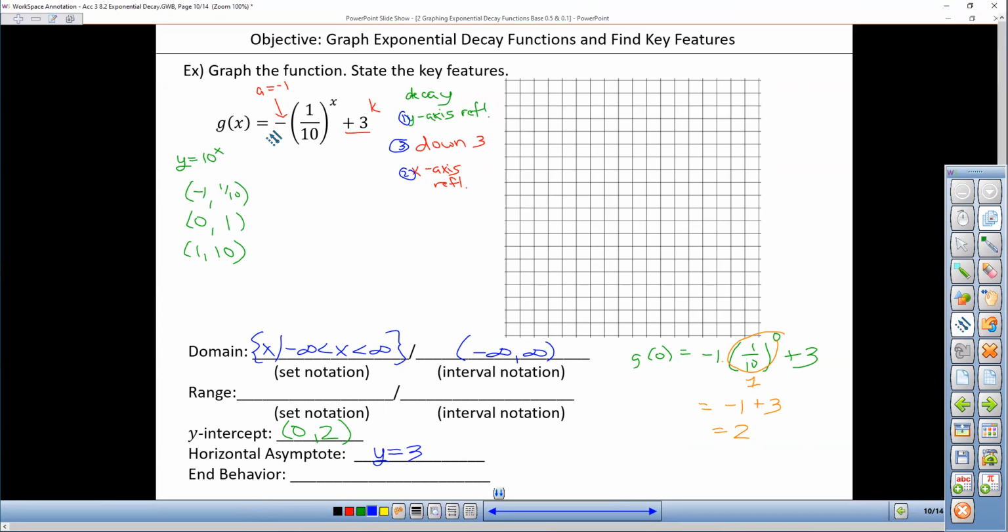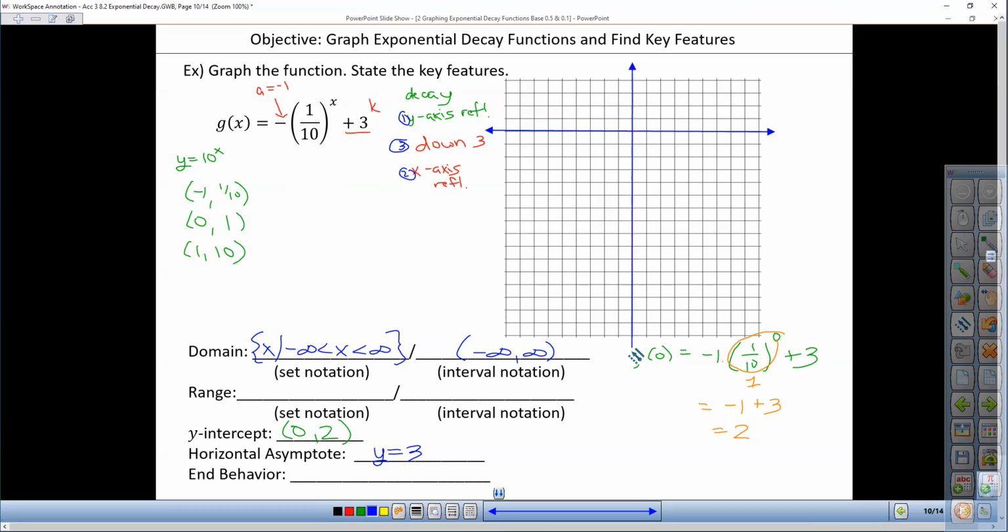Here, because of my x-axis reflection, I know that all of my points are going to be below my horizontal asymptote, which is y equals 3. So I'm going to move my x-axis up here, and I can get to y equals 3 up there. Then I'm looking at where I'm going to put my y-axis. I don't have any horizontal translation, so I'm just going to put my y-axis in the middle.